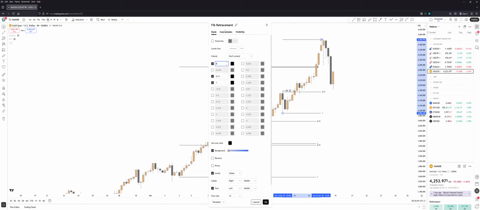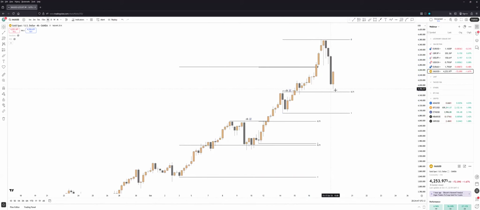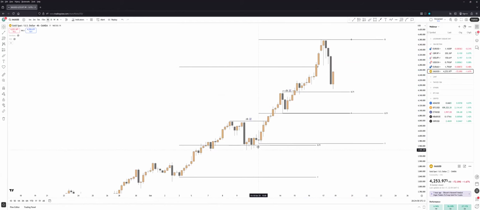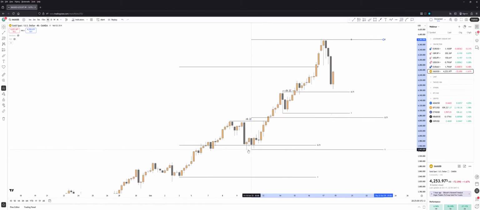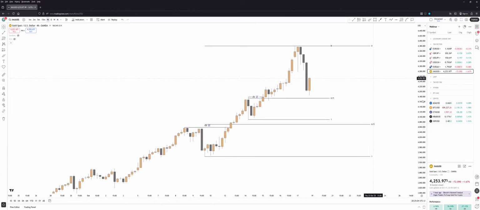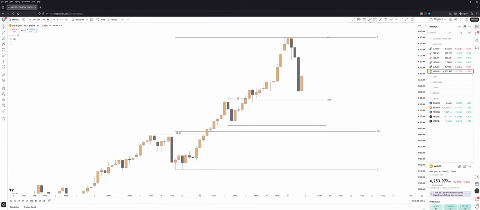What we see is that the 71 level is located exactly on this line, and we are waiting for the 71 level to be mitigated. Obviously, I'm adjusting all the other Fibonaccis, and there's another 71 lining up here, pulled out from this low point. Actually, we can pull it out from this low point. It will be a more precise pullback, and I'm going to delete the swing range, because this is what we care about now.